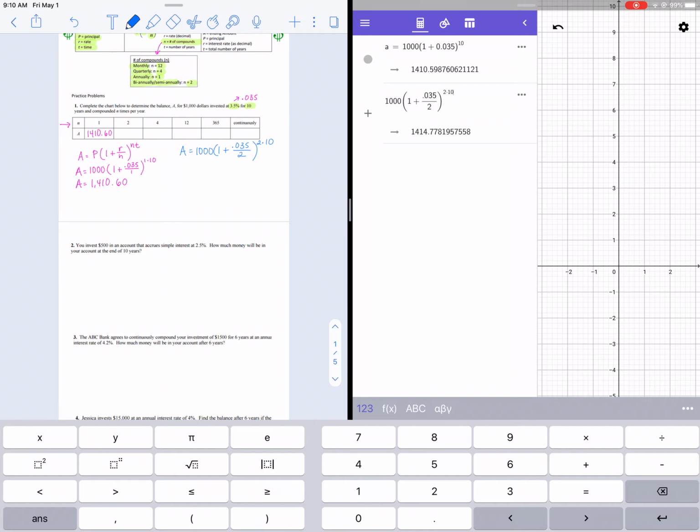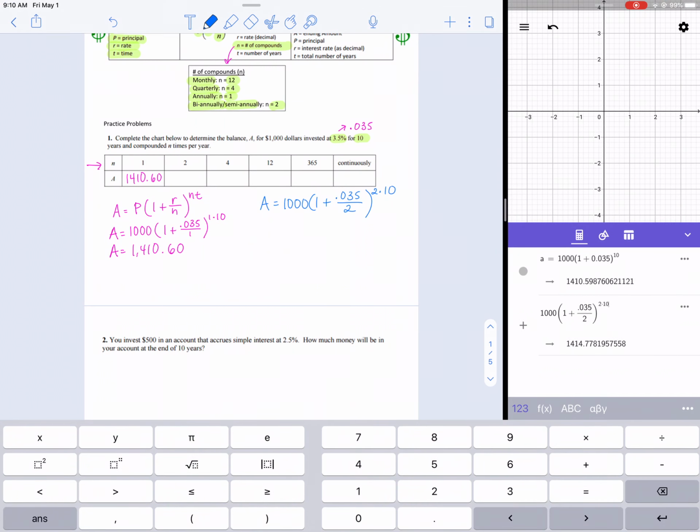My number is now $1,414.78. So not that much more, but if you notice, what happens? You maybe gained about $4 or $5.